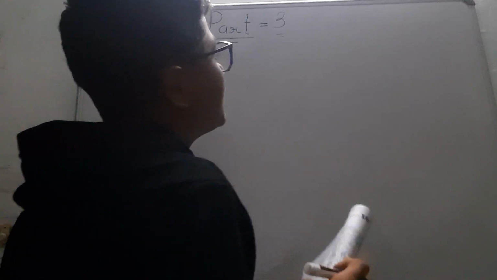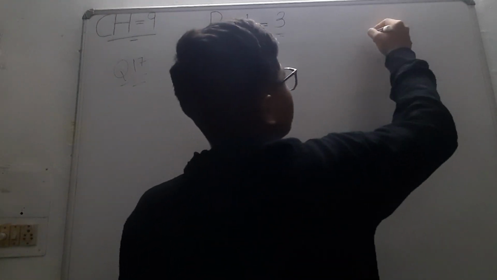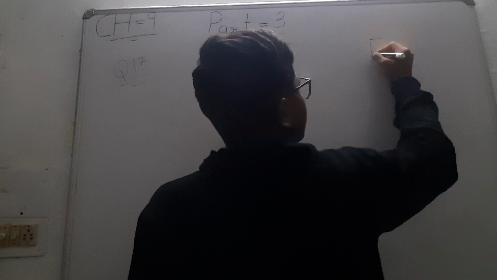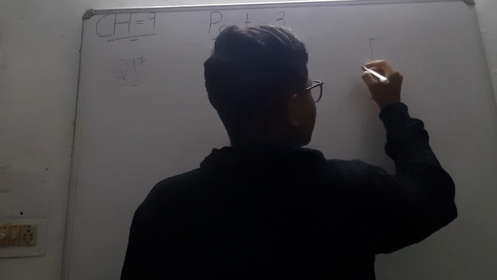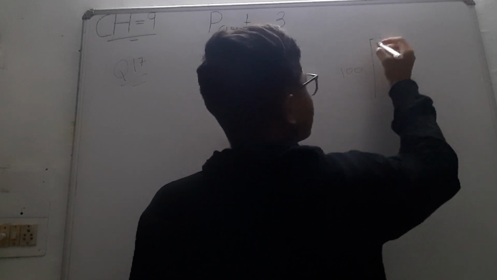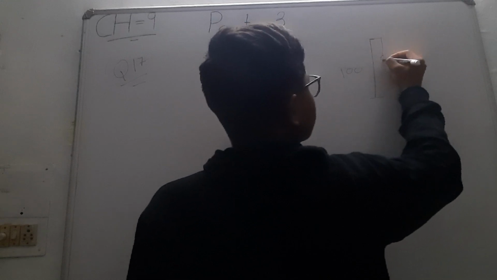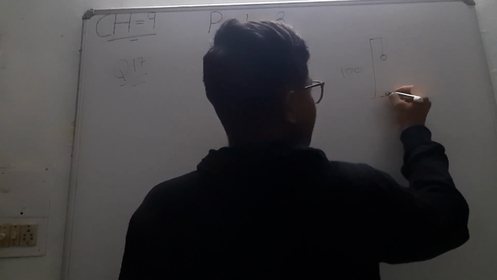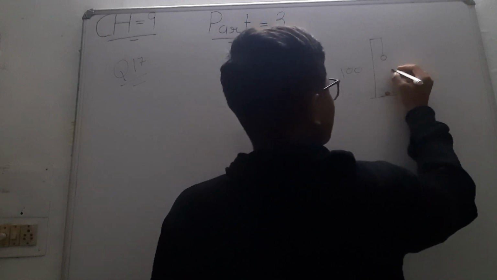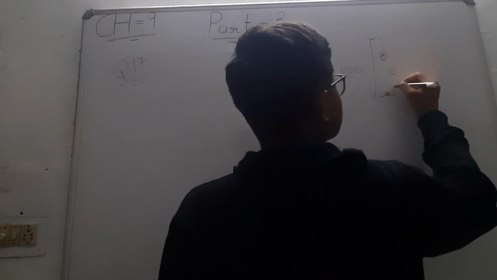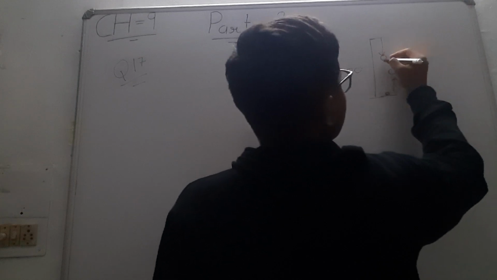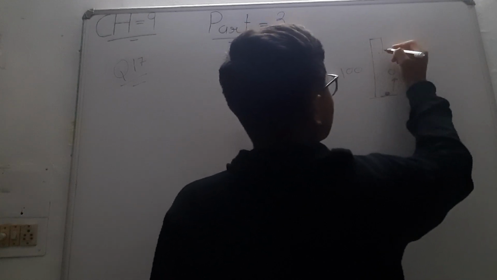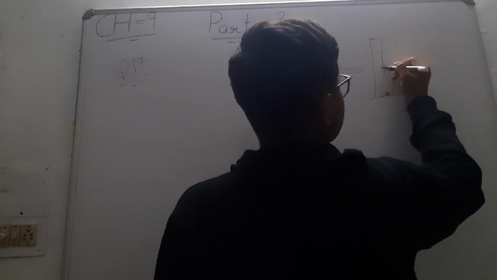What they have told is, one person is standing over here and one is standing over here. The height is 100. A person was throwing a ball, it reached over here, and the person who was standing over here also throws a stone, and they both meet at some point.